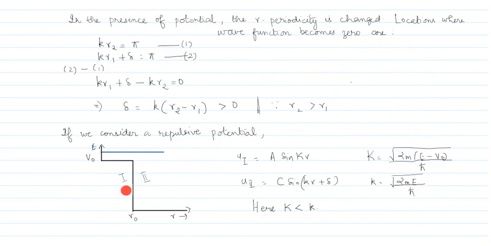And if you are solving the Schrodinger equation, you will get similar types of solutions, except for the fact that capital K now is root of 2m into (E minus V0) by H cross. This comes because of the change in sign of the potential.